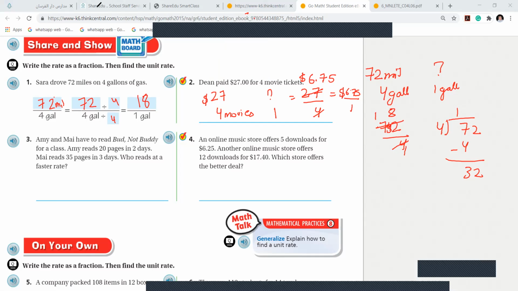Here they start with Sarah drove 72 miles for 4 gallons. So we have to know for 1 gallon how much. Usually, $27 for 4 movies. So we need to know the cost actually. So for one movie, how much is the cost? 27, it's 4 movies. So one movie, it's how much? See the question mark, where is the question mark? You will divide 27 over 4, not 4 over 27.